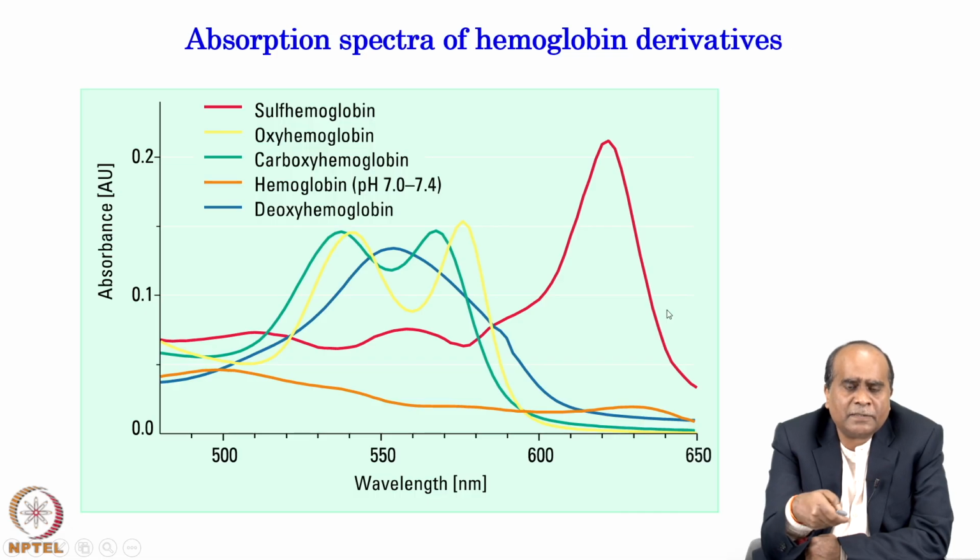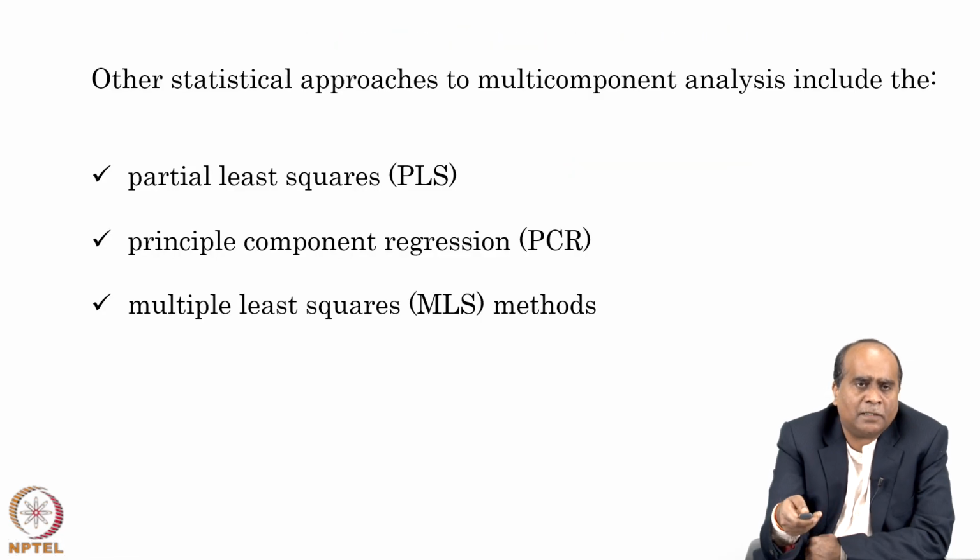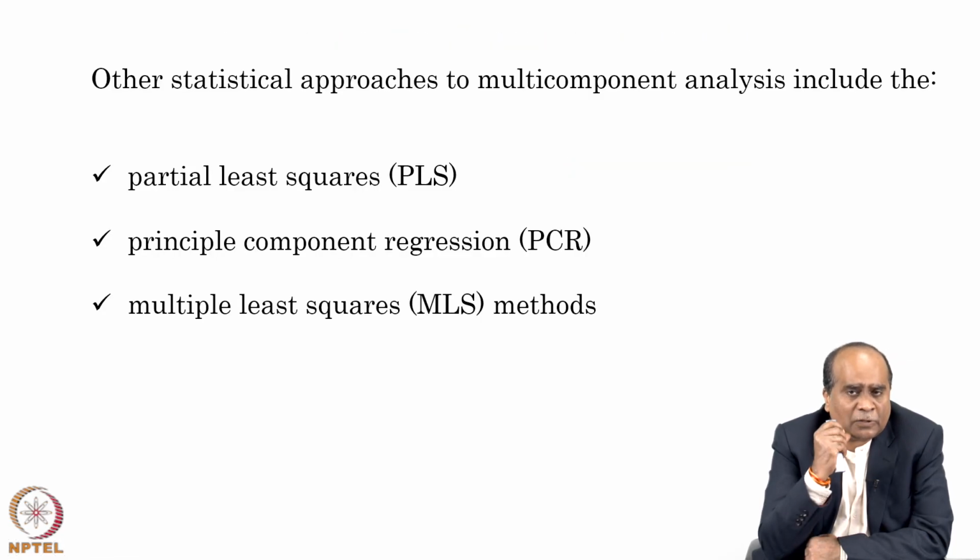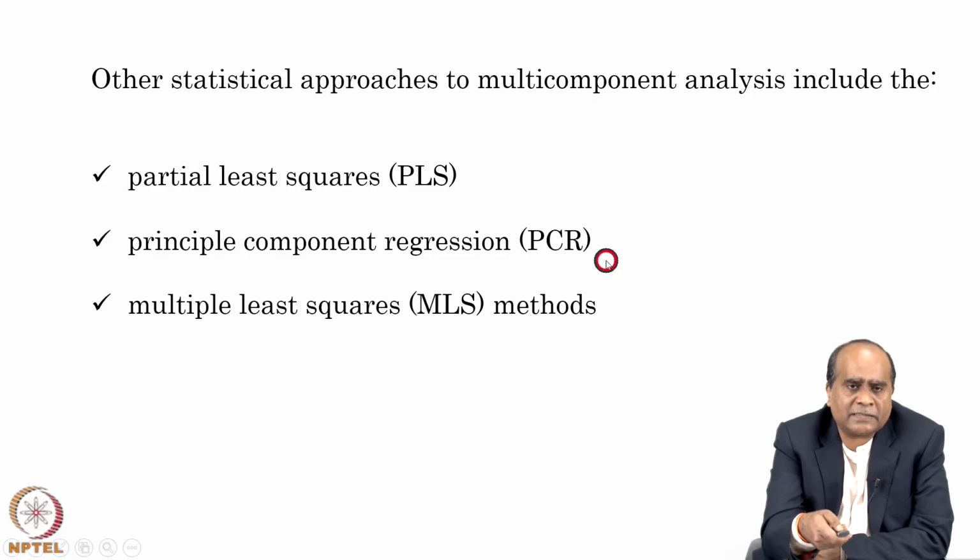So, if you take all these components, and if you take blood where many of these components are there, the analysis of such a case becomes a little bit cumbersome, and you require multivariate statistical tools for this multiple component analysis, like PLS, partial least square analysis, then principal component regression, PCR, or multiple least squares, MLS.